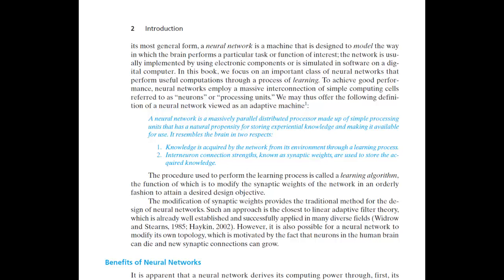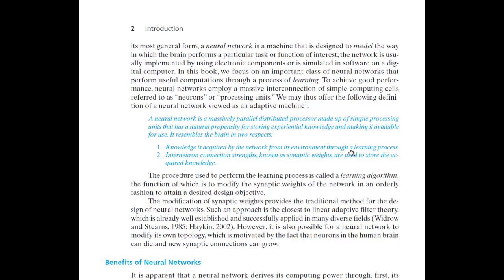So for that, we'll study the working of the brain, so that we can incorporate those features in the network. So what are the two aspects which are important with respect to the human brain? The term neural itself says that we are comparing the work with respect to the brain, where the neuron is playing the pivotal role. So what are the two aspects? The first one is that knowledge is acquired by the network from its environment through a learning process.